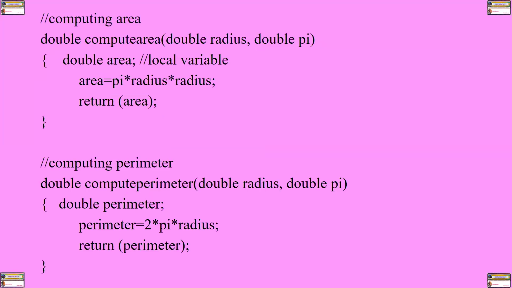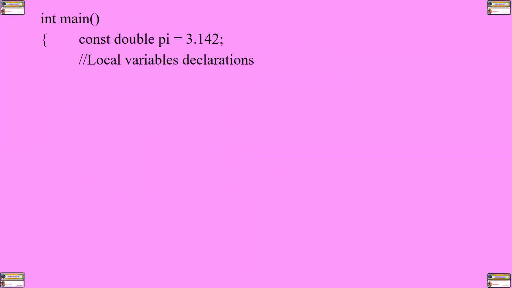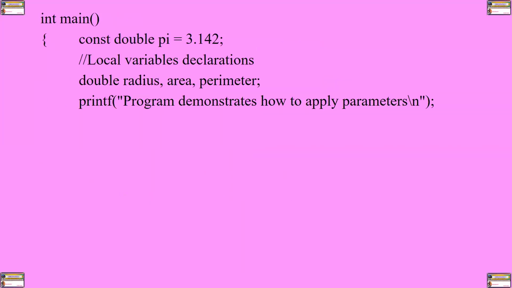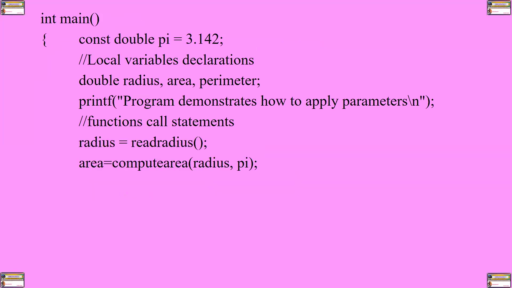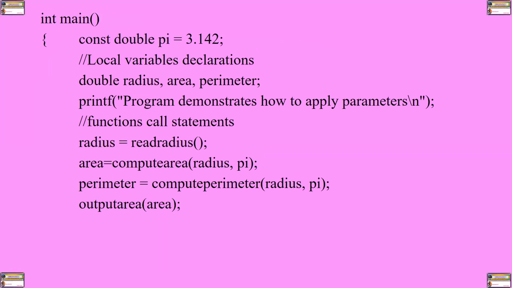Look here. I want you to look at the order of statements. The first statement is this one for reading radius, invoking the function called read radius. The second one is invoking the function called compute area. The third one is invoking the function called compute perimeter. The fourth one is invoking the function called output area.